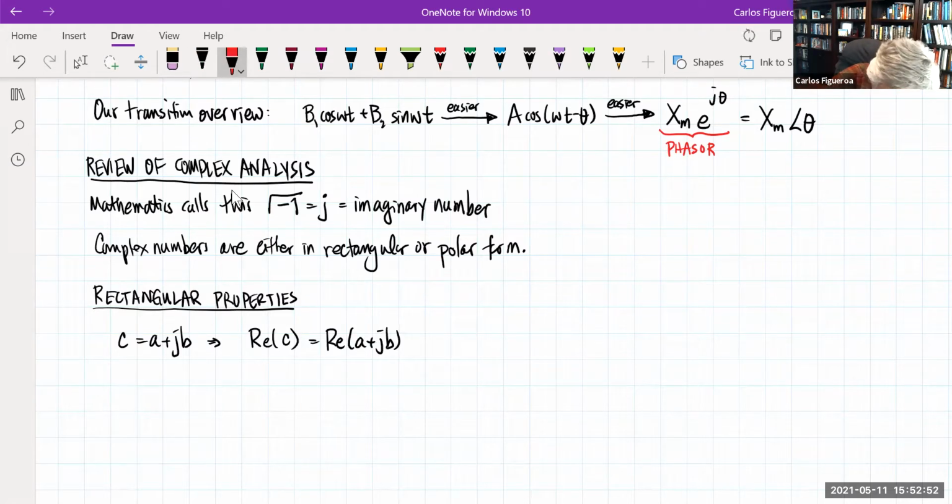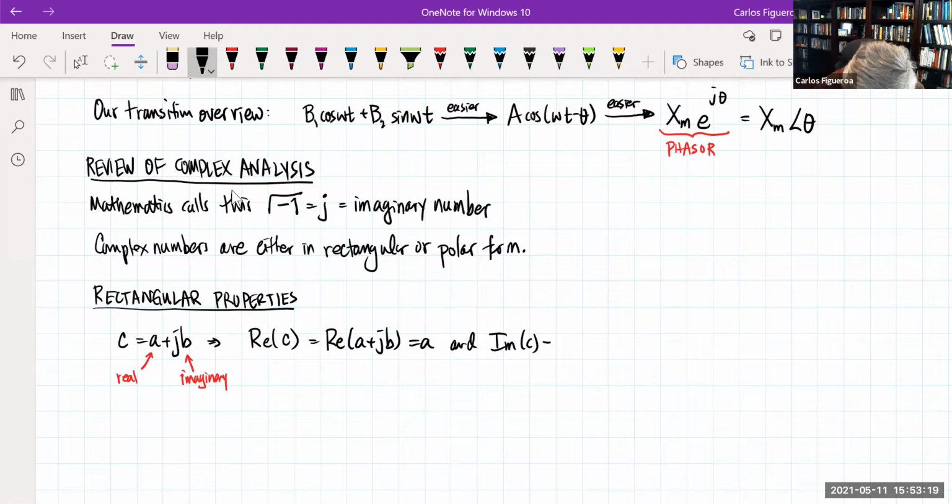That's the a part. b is the imaginary part. So if I take the real part, the only thing I'm concerned with is the a part. And if I take the imaginary part of C, again, I'm only focusing on the imaginary part, and so this is b.